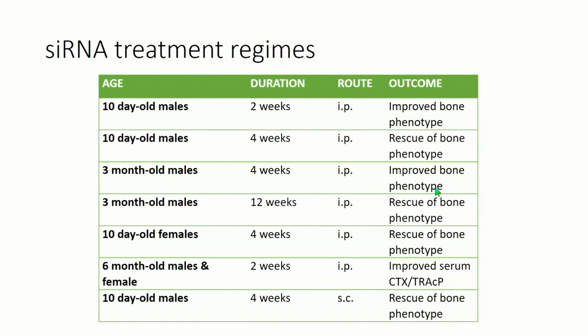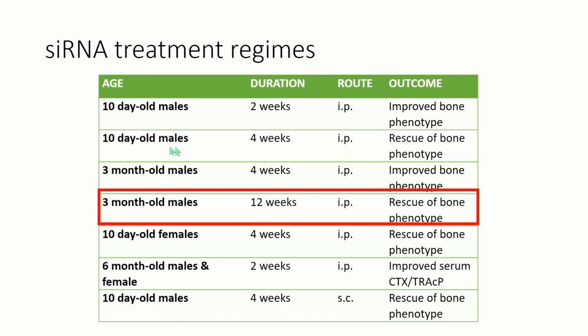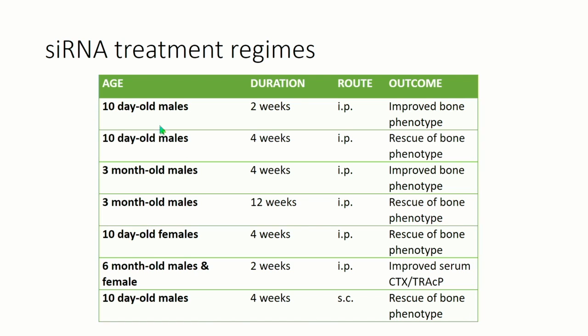So with this, we went through a systematic study to show the effect of the siRNA in various conditions. You see here, young mice treated 2 weeks to improve the phenotype, 4 weeks treatment to rescue the phenotype, adult mice in which the treatment rescued the phenotype in 12 weeks.